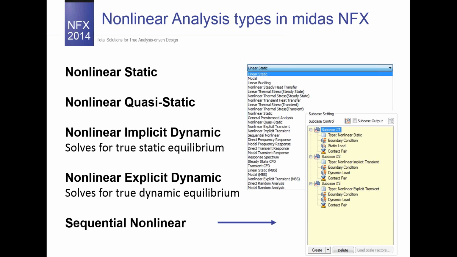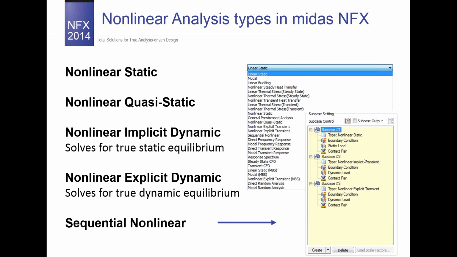And the fourth type is the sequential nonlinear, which is actually a combination between all of these three types. So if you take a look on the picture to the right, sequential analysis provides you the capability to solve the problem using let's say three cases or three steps, which will be based on the nonlinear static, nonlinear implicit dynamic analysis, or nonlinear explicit.